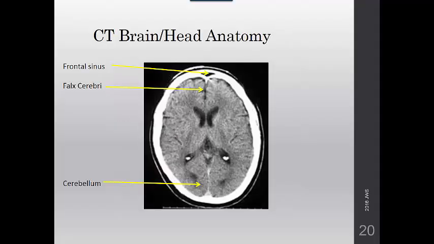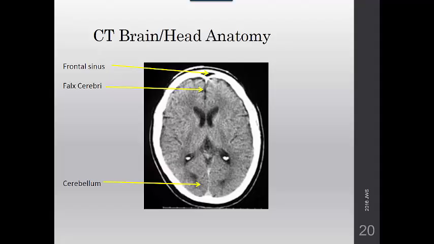The next 3 slides begin a discussion of CT brain anatomy. The next three slides just touch on the most recognizable anatomy. And the slides following these 3 will be more detailed, but they're included in your textbook.